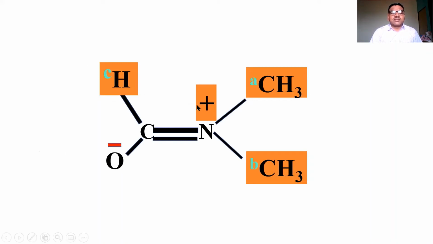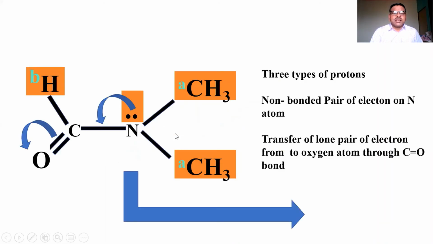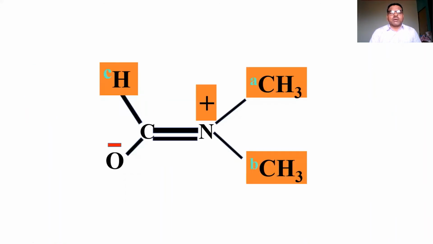And in that case, nitrogen develops a positive charge and oxygen develops a negative charge. Now see here in the last figure, what we have seen is that the two methyl groups have the same nature, showing the same type of carbon atom, because carbon nitrogen free rotation was allowed. But when the non-bonded pair of the nitrogen atom is shifted to the next, definitely a carbon nitrogen double bond is developed.